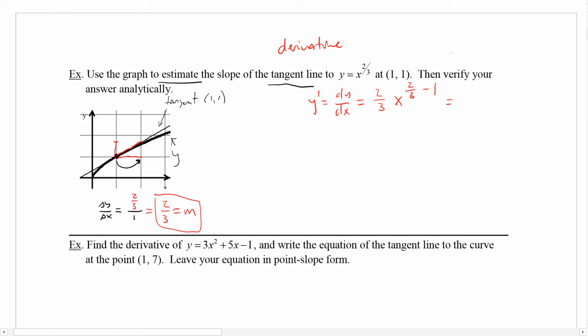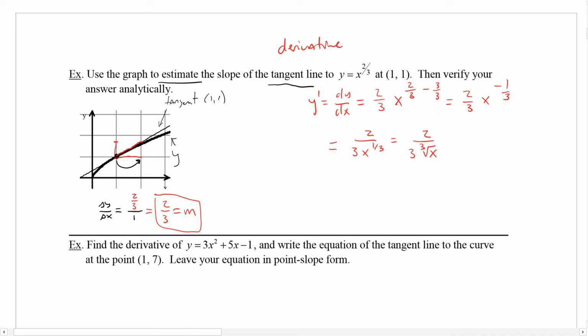In order to take 1 away from a fraction, convert it into a fraction. So now I have 2/3 x to the negative 1/3. Rewriting that would be 2 over 3 times x to the positive 1/3, and of course, x to the 1/3 is simply the cube root of x. So it's 2 over 3 times the cube root of x.